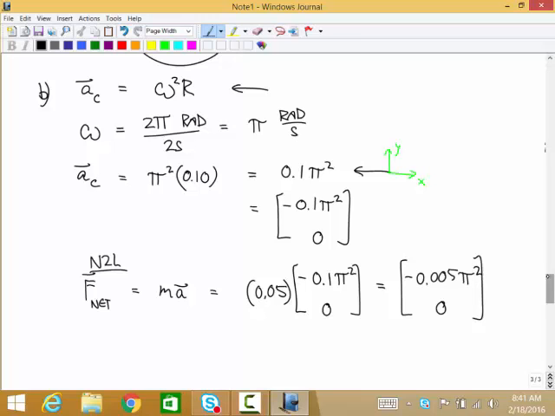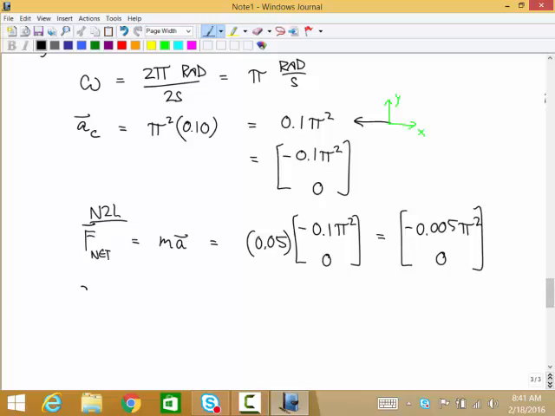Okay, so what are the units of this answer? You can figure it out from this equation. It's going to have units of kilograms from the mass, meters per second squared from the acceleration.